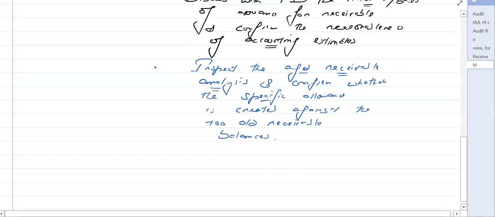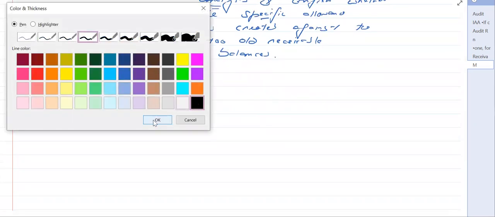So this is inspection. And now let's come to the observation, and make sure even the observation is related to the financial statement, then it is going to be called a substantive procedure. So for example, observation.